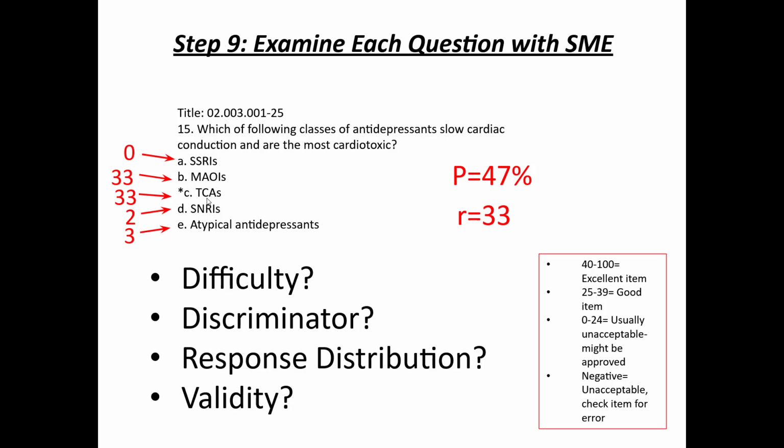So by the numbers you could probably justify saying, okay, take tricyclics and move on. But if you really are interested in analyzing how your exam is testing what you hope it's testing, you could maybe make a case for MAO inhibitors also, just because of the number of students who didn't get that.